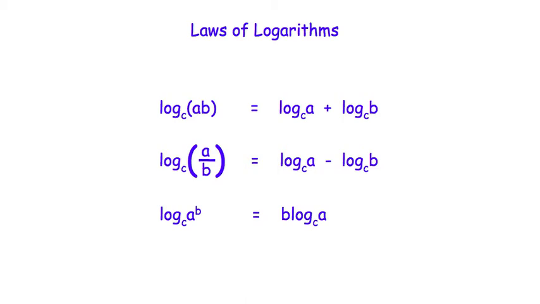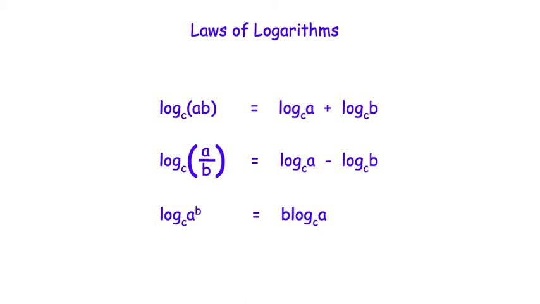And finally, if we want the log of a to the power b, that's the same as b times the log of a. Now, we need to be able to go both ways with these results. Sometimes we'll want to start with the right-hand side and move to the left. Sometimes we'll want to move from the left-hand side to the right.